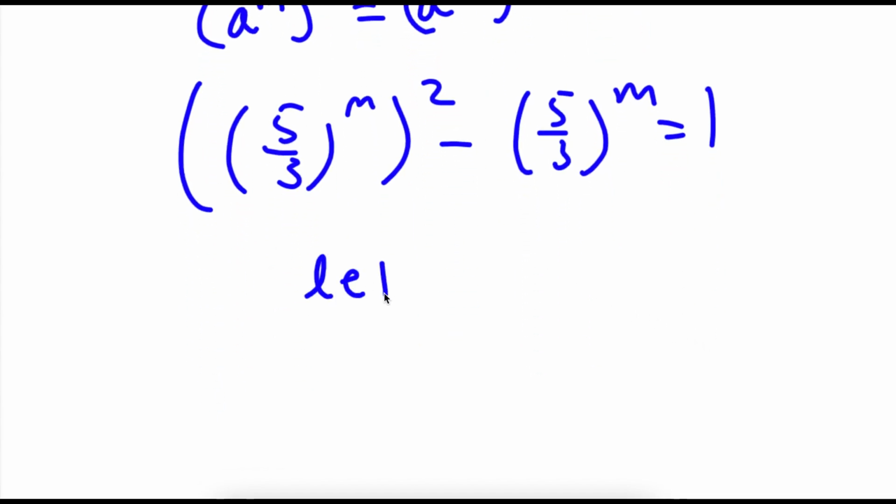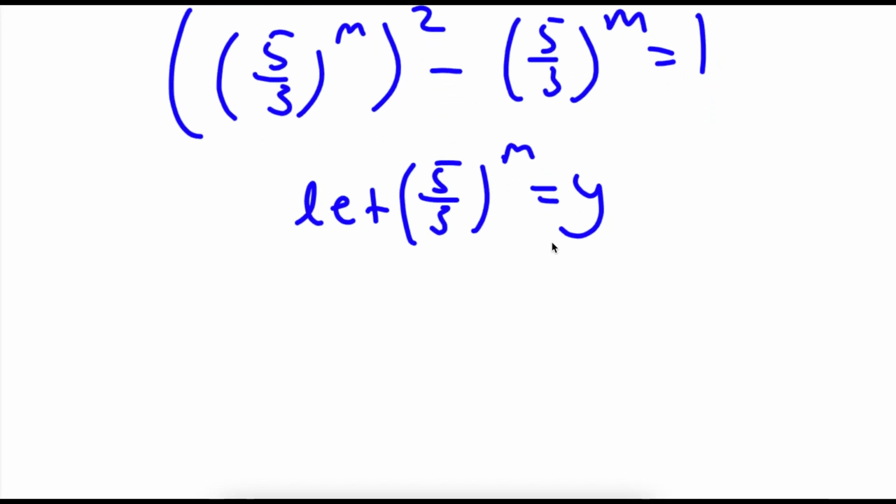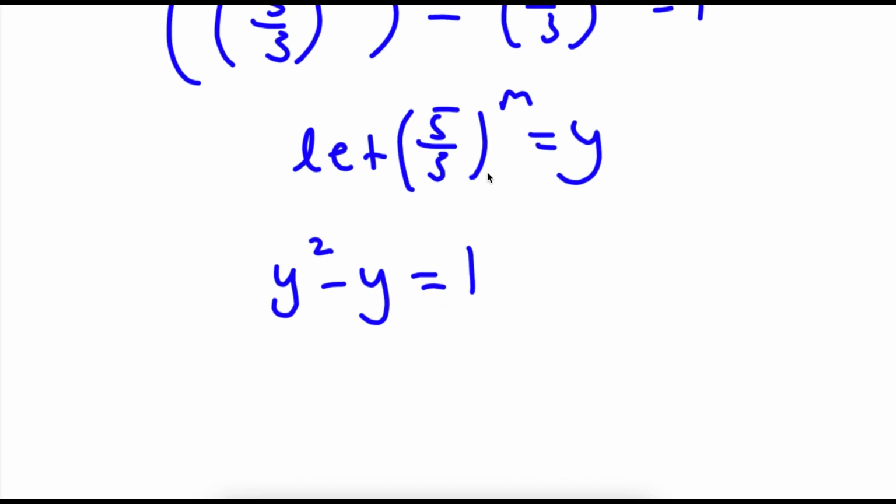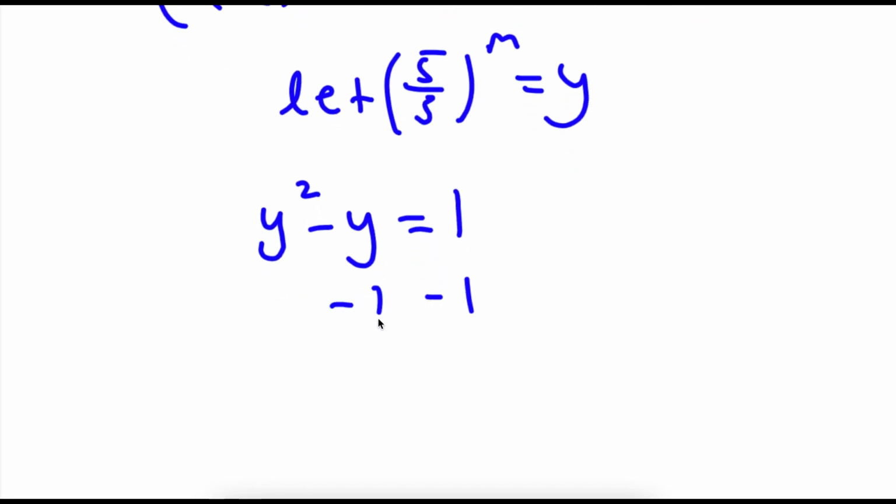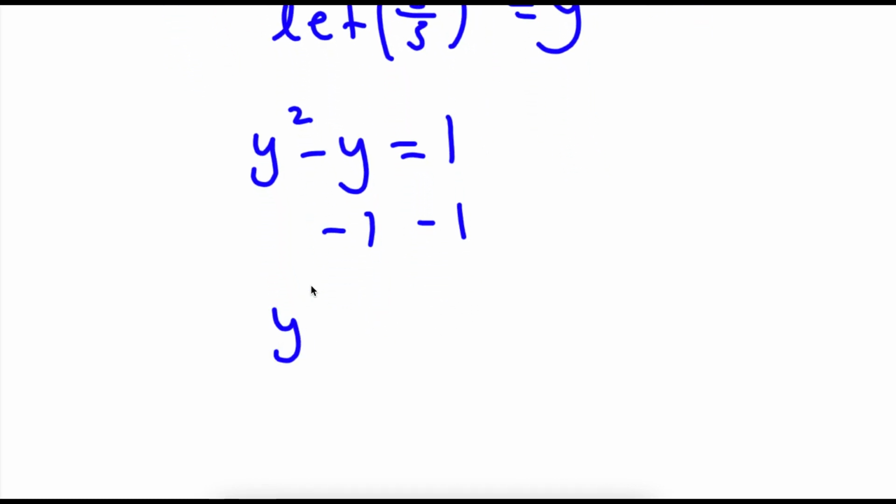Now I'm going to let 5 over 3 to the power of m equal y. So if I substitute in y for 5 over 3 to the power of m, I get y squared minus y is equal to 1. Now if I subtract 1 on both sides, I get y squared minus y minus 1 is equal to 0.